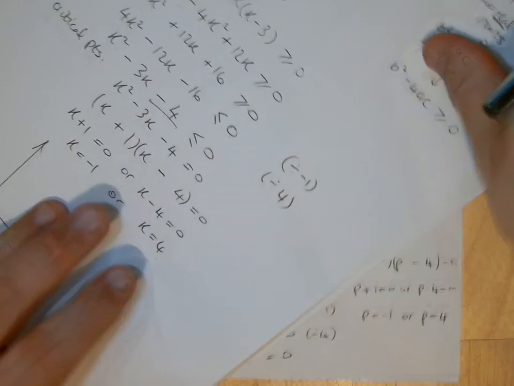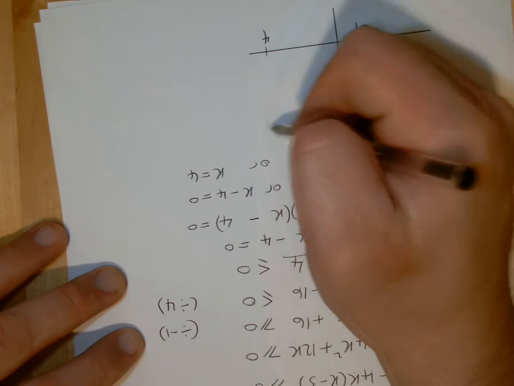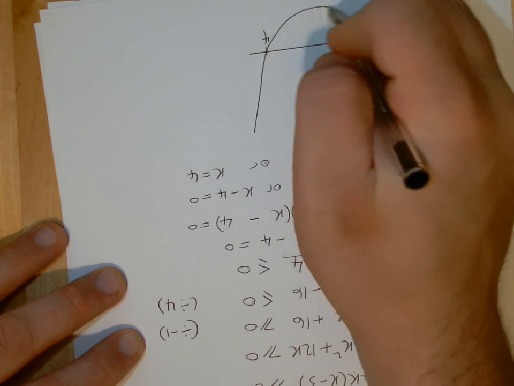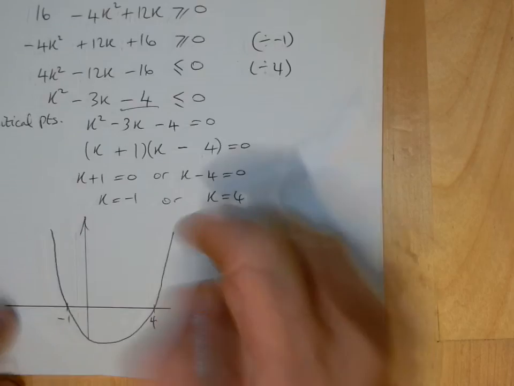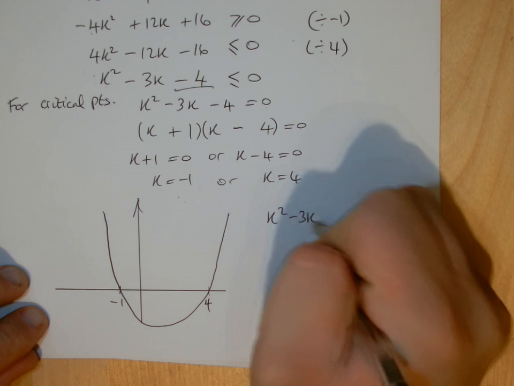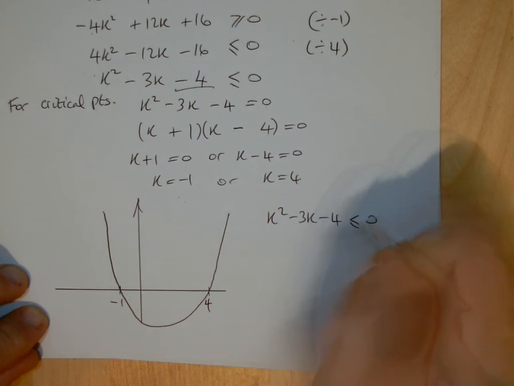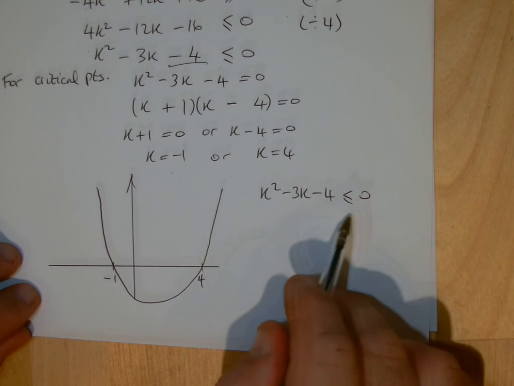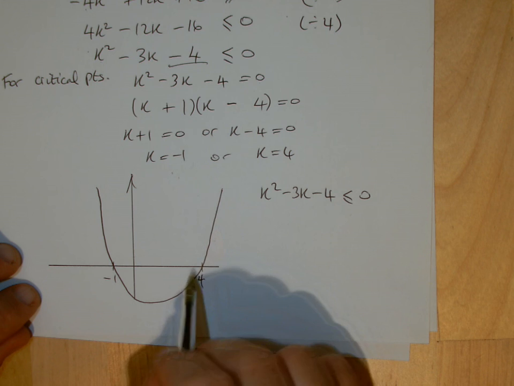So we can draw our quadratic. Now we're interested in solving the inequality, so we go back to the inequality. Remember, we're interested in when it's less than or equal to 0, in other words when the curve is negative.